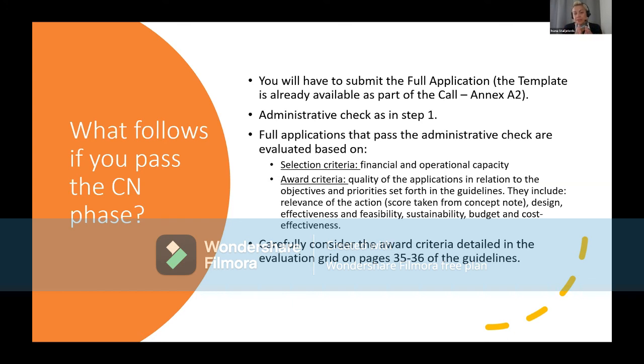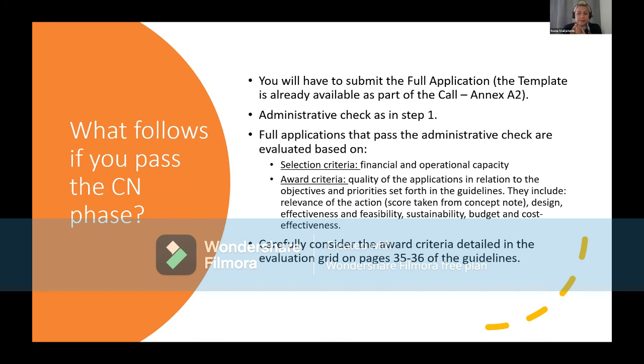So first is the selection criteria, and then if you pass it, you will be evaluated on the basis of the award criteria. What does it mean? It is an assessment of the quality of the applications in relation to the objectives and priorities stipulated in the guidelines, and they include the relevance of the action, which is basically the score taken from the concept note, as I already explained.